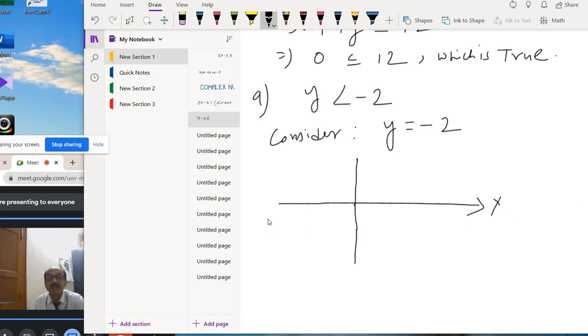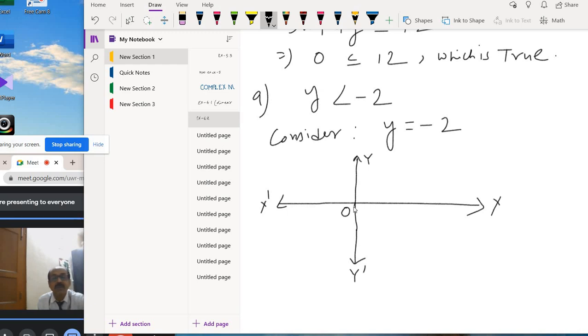This is x, negative side, y, y negative, origin. Okay. Now y equal to -2. So we always start from the origin and count. Y -2 is downwards.